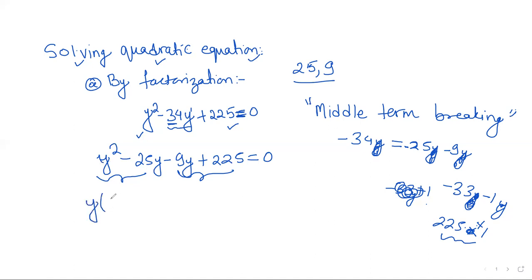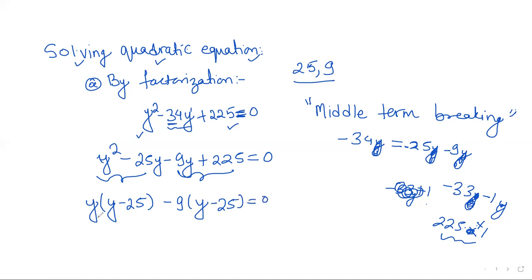You can factor out a y, and you will be left with y minus 25. Between the last two terms, negative 9y plus 225, you can factor out a negative 9, and you will be left with y minus 25. Be careful, the plus becomes minus because you are factoring out a negative sign also.